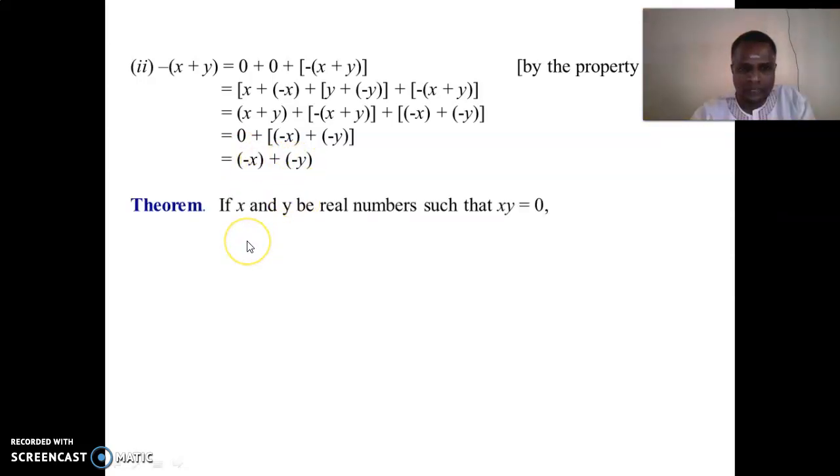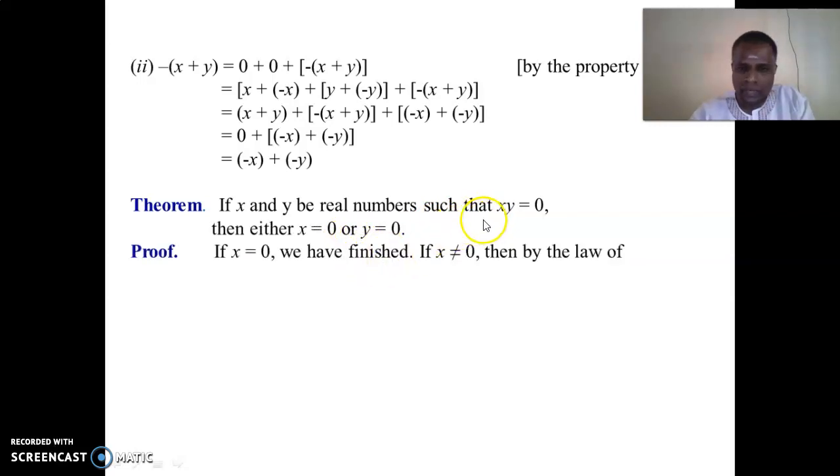The next theorem. Let x and y be real numbers such that xy equals 0, then either x equals 0 or y equals 0. Whenever we multiply together two elements and the result is 0, one of the elements must be 0. We confidently say that any one of the elements must be 0.